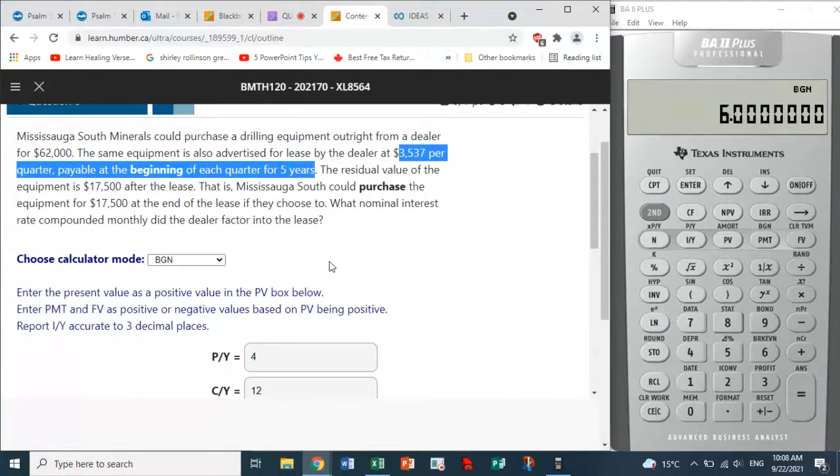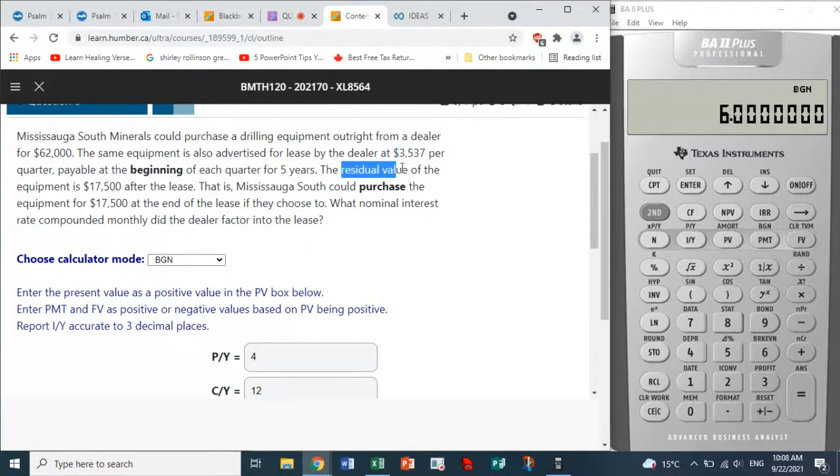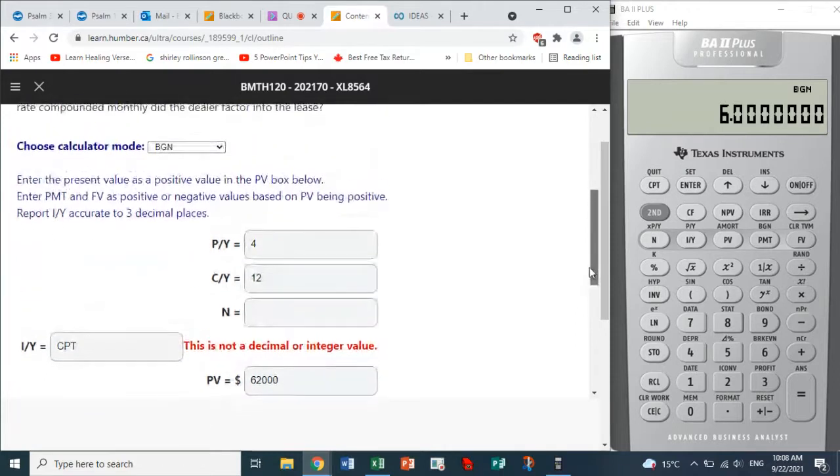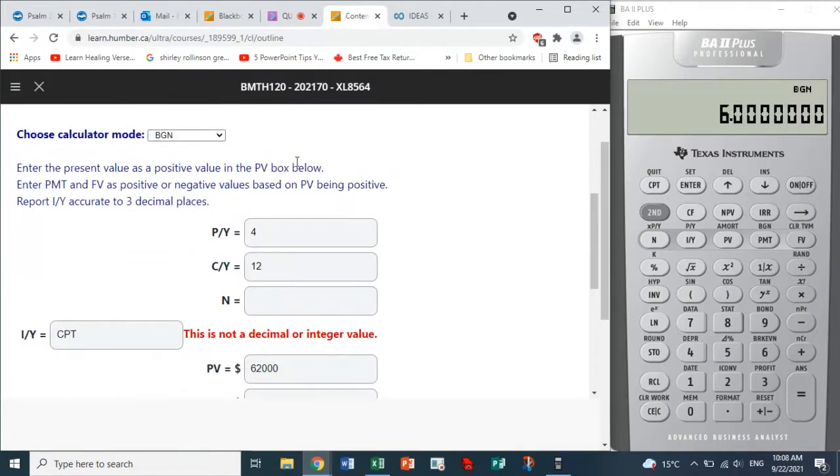At the end of 5 years, residual value means after the lease. So 17,500 is the buyback. If you want that, we have to buy it back. So that is a future value, and we will have to put it in as negative because we'll have to pay, like a lease to own on a car. Similar idea.